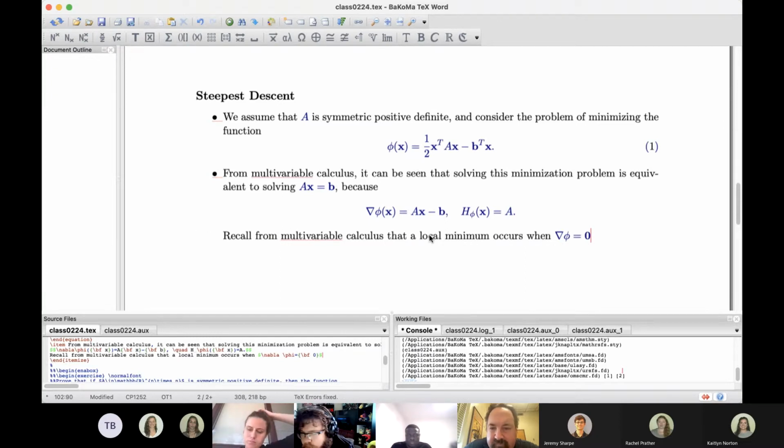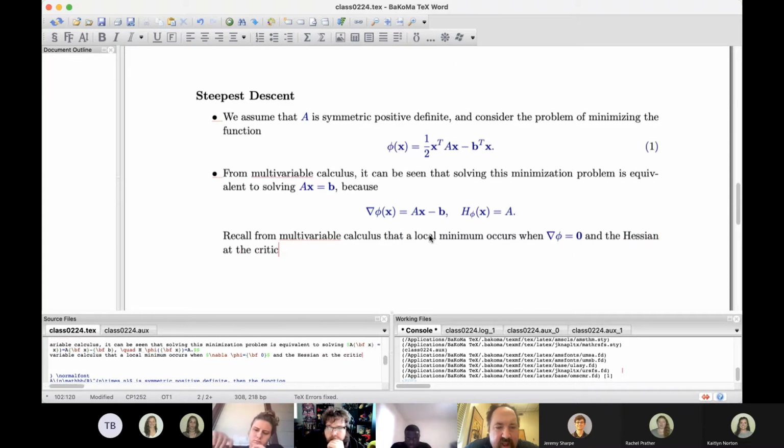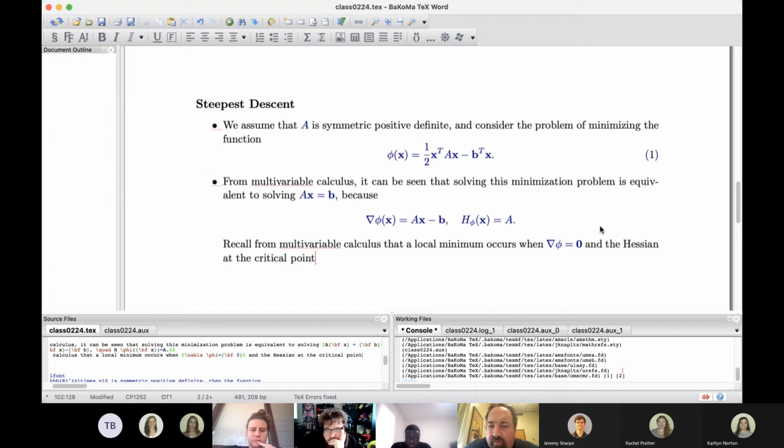And the Hessian at a critical point, wherever the gradient is 0, is going to be symmetric just by its definition. But if it's also positive definite, that is a local minimum.